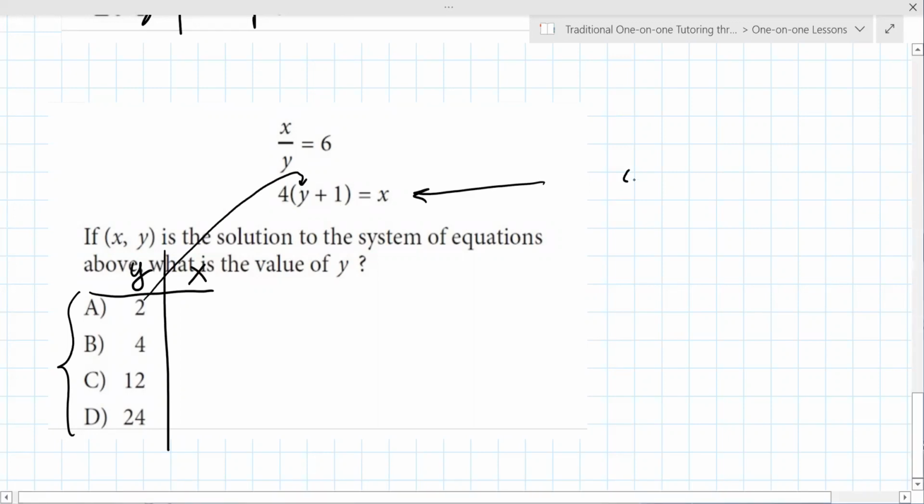So the first one is like 4 times 2 plus 1 equals X. I need you to fill in this table. I need you to tell me what each of these becomes.